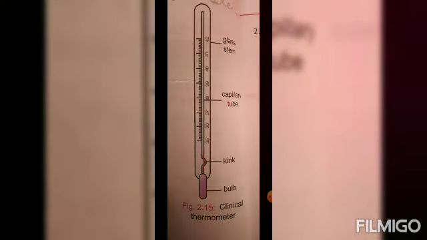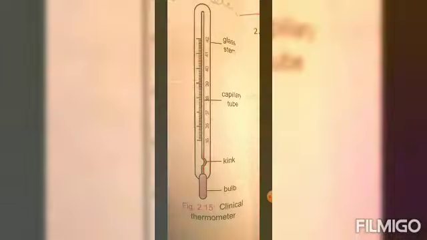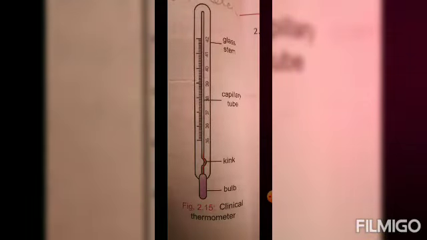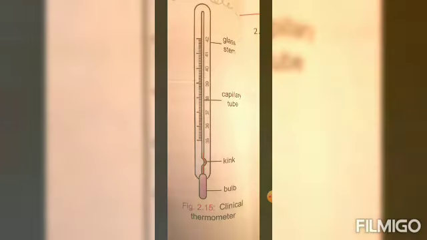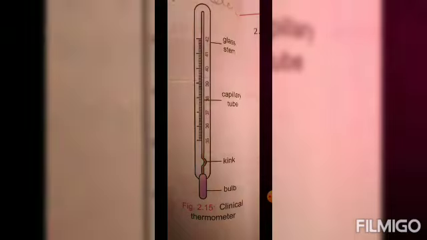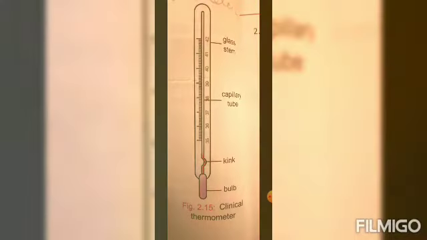The scale on each stem shows temperature from 35 degrees Celsius to 42 degrees Celsius only. A clinical thermometer has 4 parts: a bulb, a kink, a capillary tube, and a glass stem.